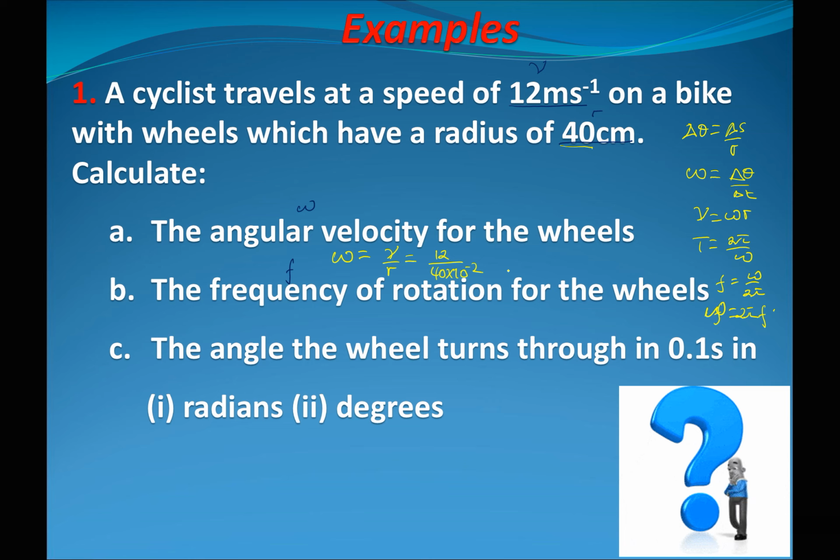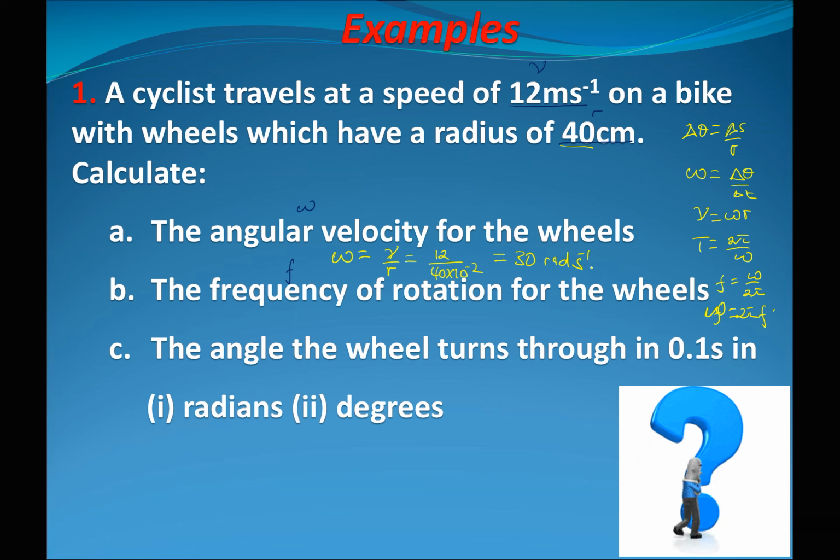So I'll press my calculator. 12 divided by 40 exponent minus 2. So this is giving me the angular velocity as 30. Remember, this is measured in radians per second.